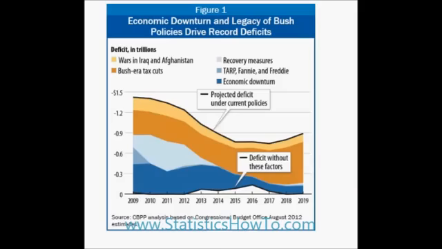Another problem with graphs is incomplete data. This particular graph from the CBPP analysis shows the economic downturn and legacy of Bush policies. These drive record deficits. Well, the years we're looking at are from 2009 until 2019, and there's no data from prior to 2009 being shown.